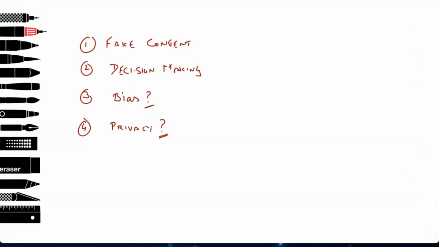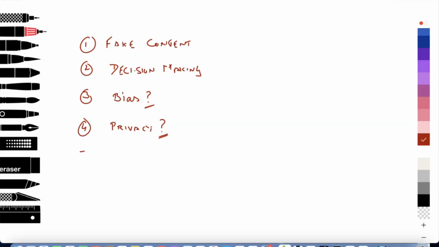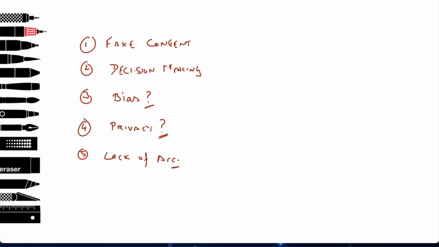right? And then the other one is accountability, right? Lack of accountability. Now, whatever data is getting created, whatever things are getting created, we don't know, right?